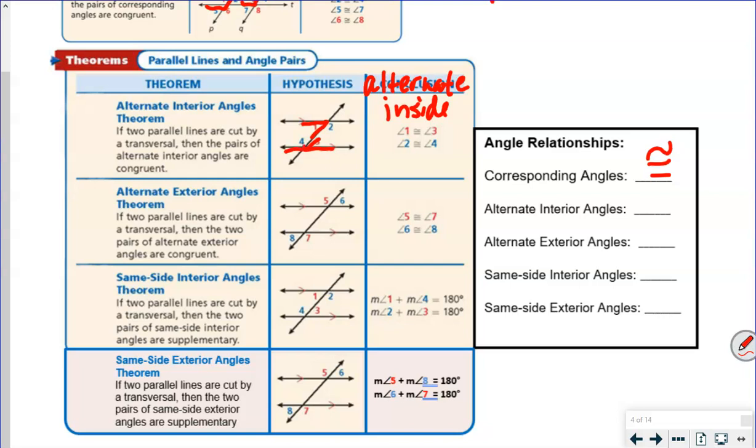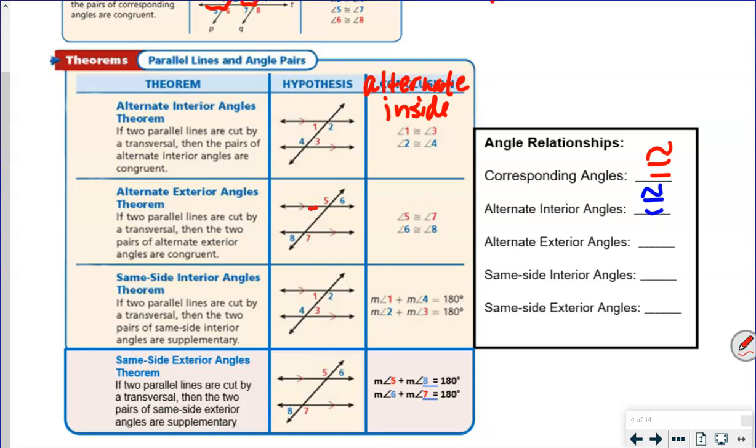Do you notice that? These are, again, alternate sides of the transversal and inside the parallel lines. Okay, so these are going to be, again, congruent, okay? So just look, obtuse, acute, acute. Do you see that?